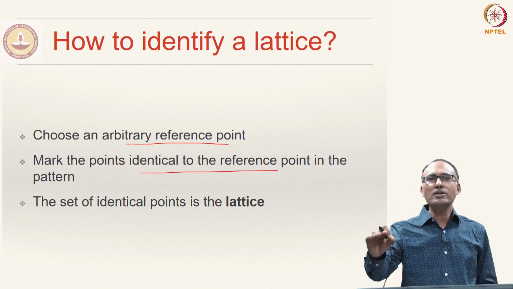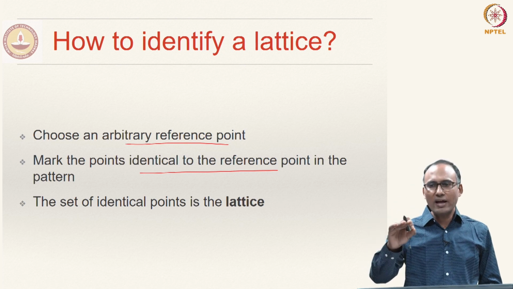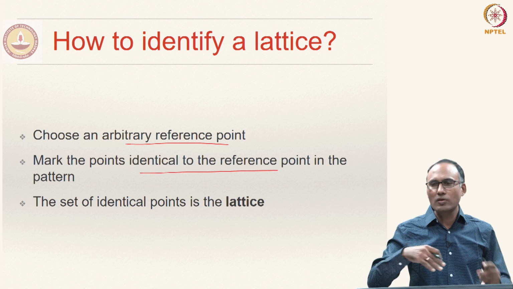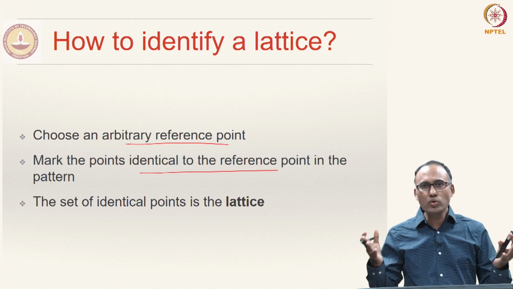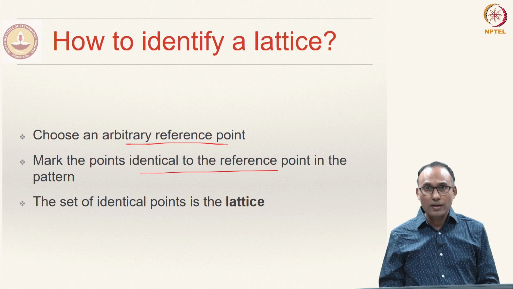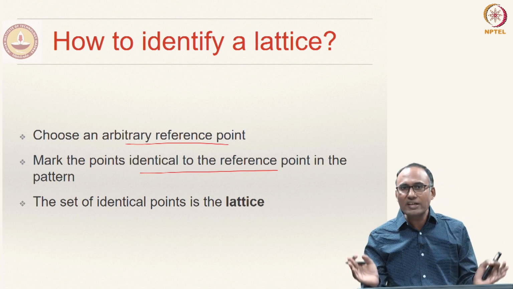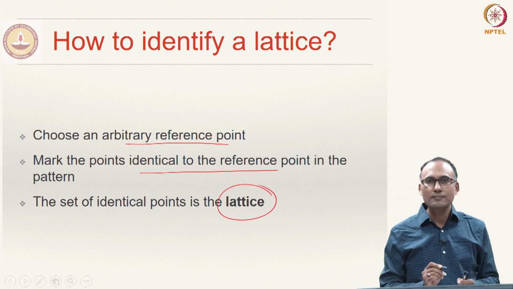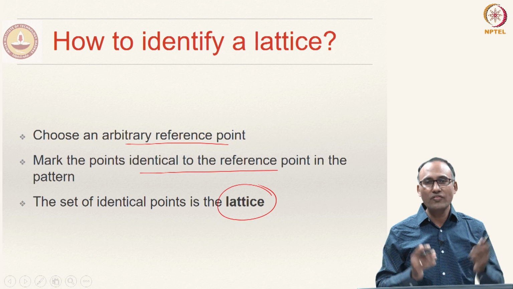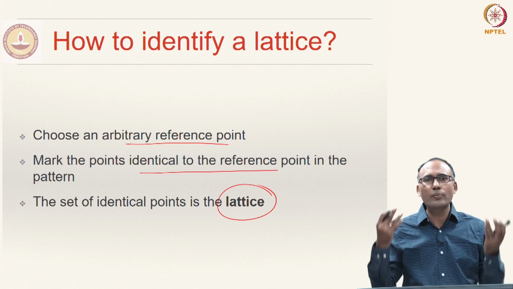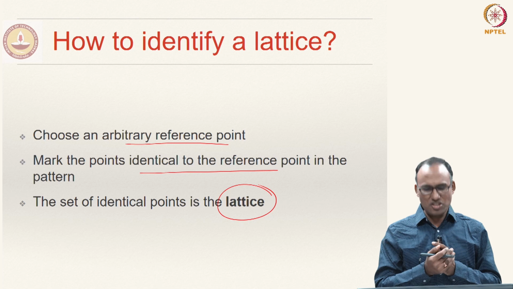You will choose any point as a reference point and start identifying all the points elsewhere in the material which are identical to this reference point, and such a set of all identical points is what we call a lattice. That is all. The definition of lattice is basically a set of identical points that you can find in a system.